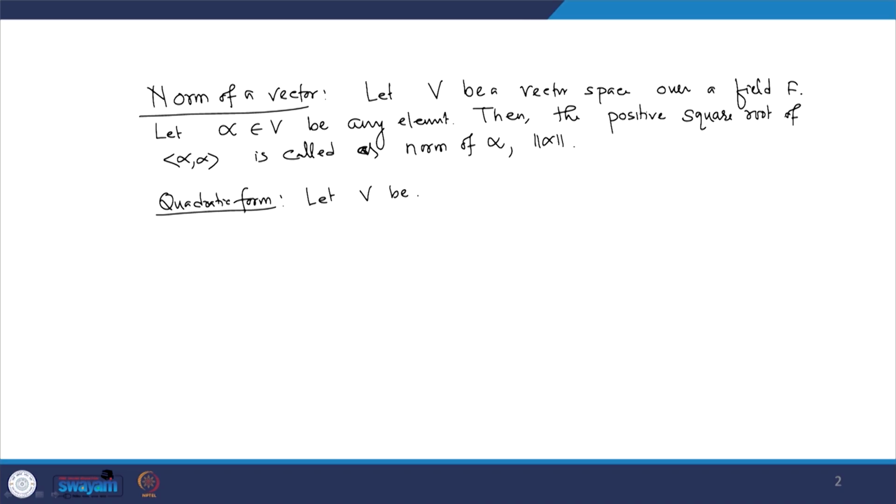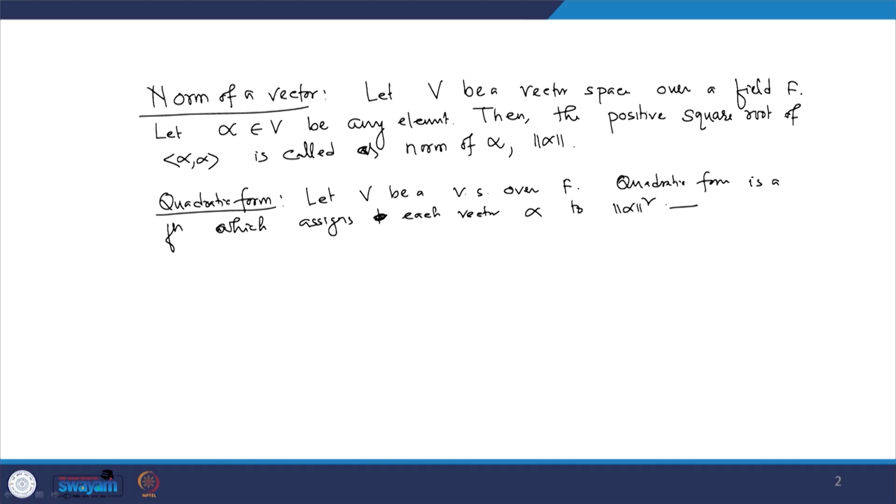Let V be a vector space over a field capital F. Quadratic form is a function which assigns each vector alpha to the square of the norm of alpha.